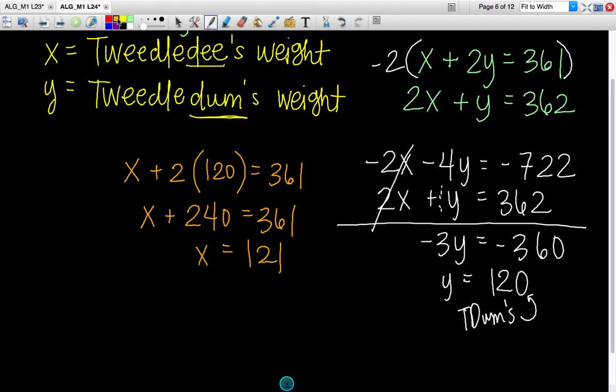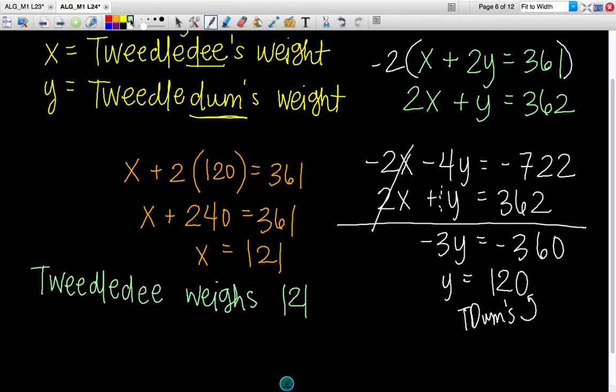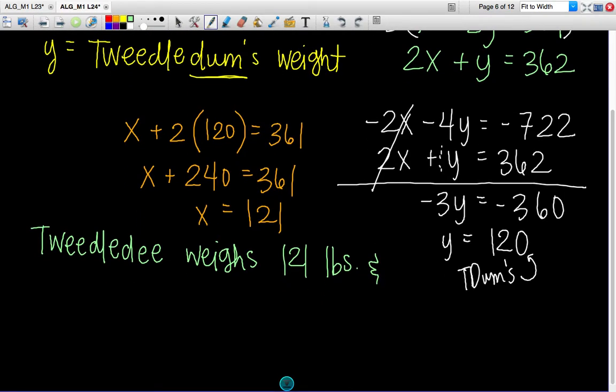So in words, since this is a word problem, very important, Tweedledee is x. Tweedledee weighs 121 pounds. And Tweedledum weighs 120 pounds.